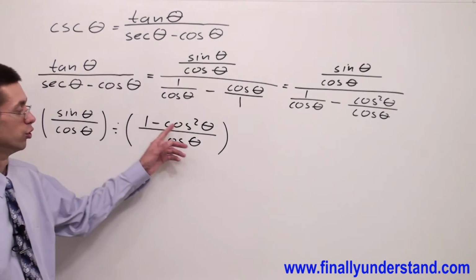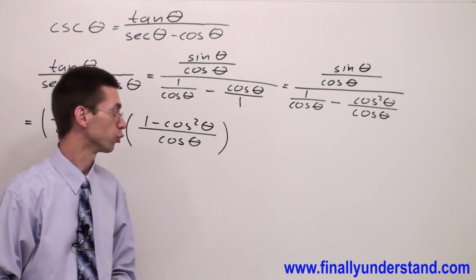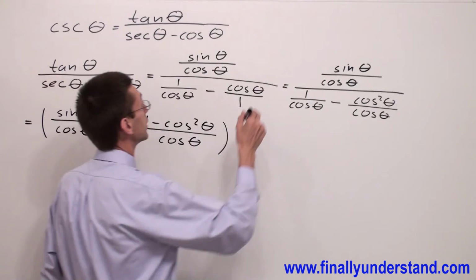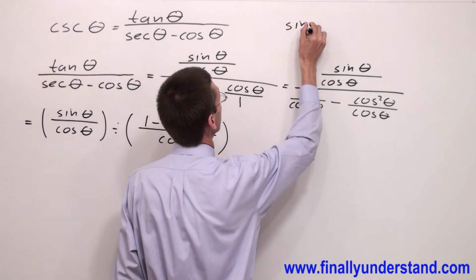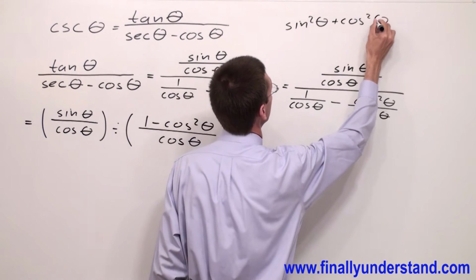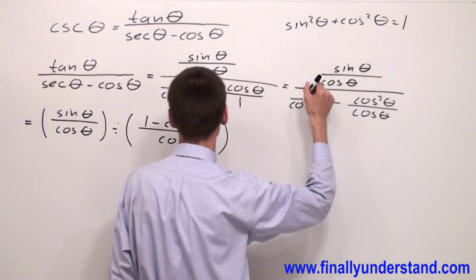Look at the numerator. In the numerator, we're supposed to apply the Pythagorean relation, which says sine squared theta plus cosine squared theta is equal 1.